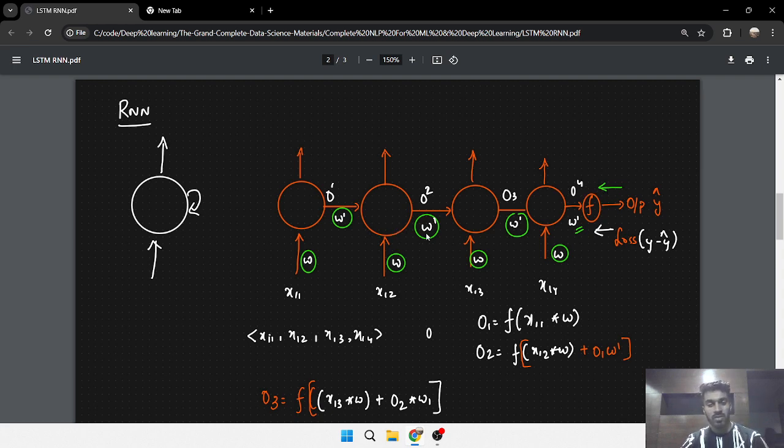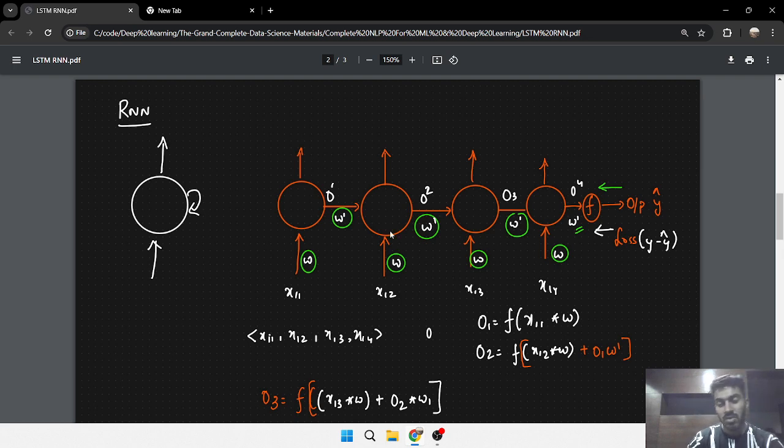But this approach is not good, because every time we have to pass one input, so this will take some time, and that's why nobody is using this model. There is also a problem, the vanishing gradient, which I will explain tomorrow. Vanishing means small gradient, a gradient descent problem is there.